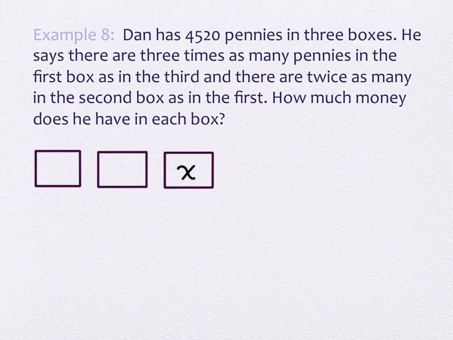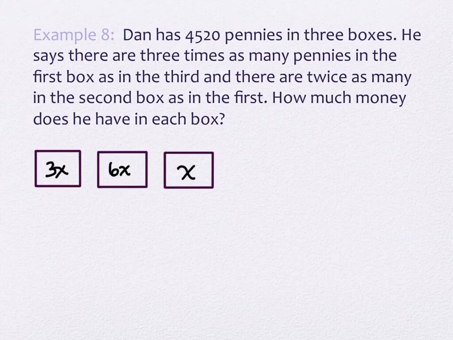But once I can put something in that box, then what should I be able to do for box 1? I can write 3x because there's 3 times as many. How about box 2? What does it say about box 2? Twice as many as box 1. What would that look like? 6x, right? 6x is twice as many as 3x.